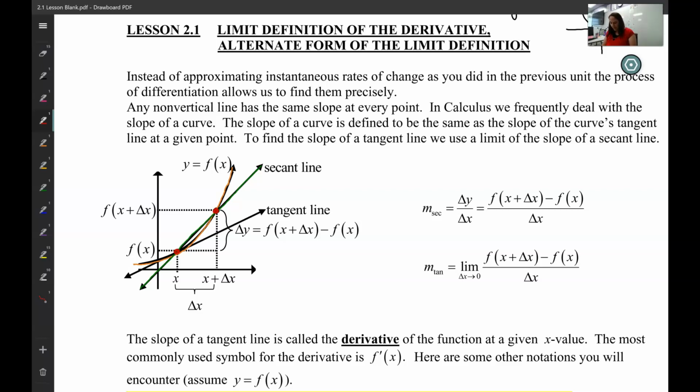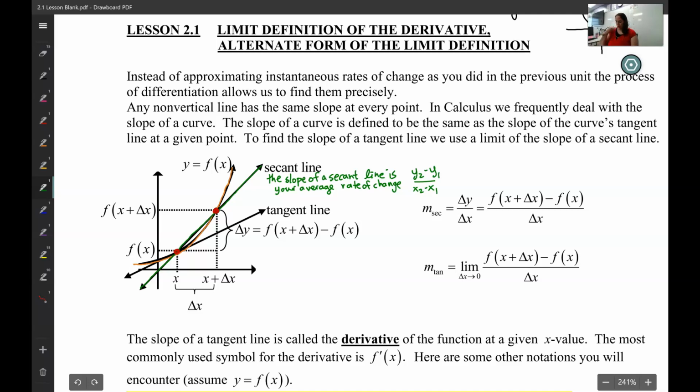So your secant line is another word for your average rate of change, or I should say the slope. Let's do this one in green. The slope of a secant line is your average rate of change, aka y2 minus y1 over x2 minus x1.